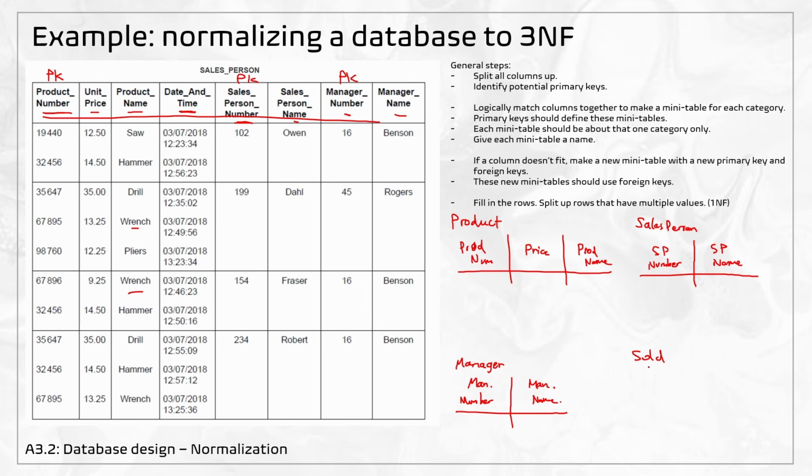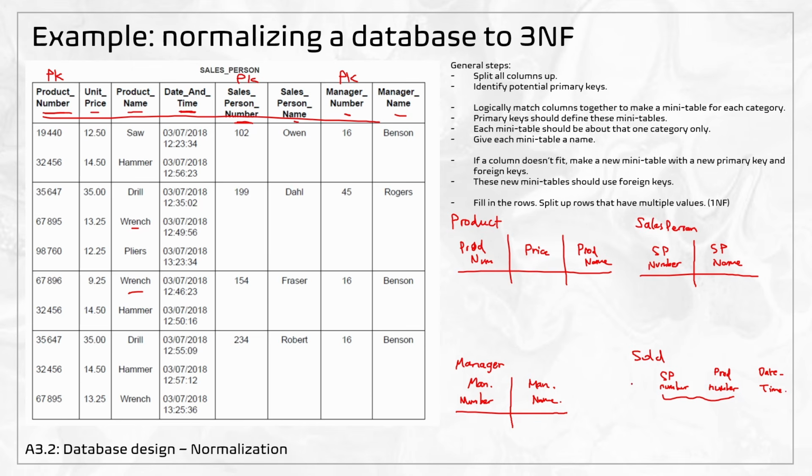So let's first write salesperson number and product number as well. And here we'll write date time. So now we've got 2 foreign keys right here, and then we've got the column that we haven't used, date and time.